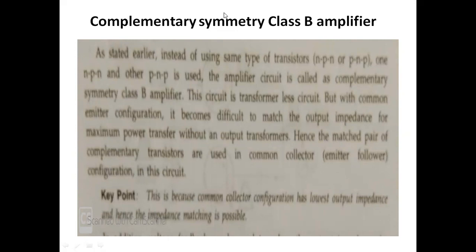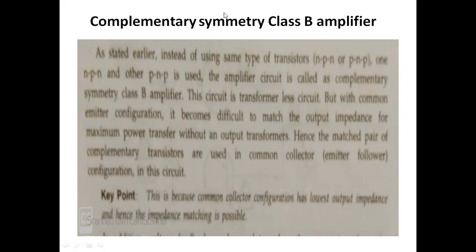If those two impedances are similar, then only we have maximum power at the output. That is the maximum power transfer theorem. So in order to get the maximum power at the output, the impedances should be matched. Those two impedances must be the same.